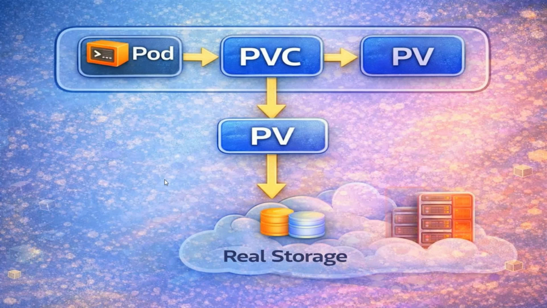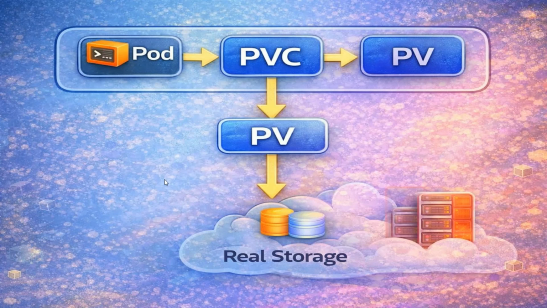For that, the pod uses the PVC. The PVC is connected to the PV, and the PV is backed by real storage. So the pod never talks to the storage directly. The pod only talks to the PVC, and the PVC talks to the PV.